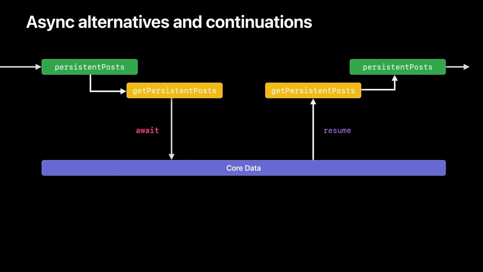This kind of cooperative execution is exactly the way async functions in Swift work. To make this explicit, Swift provides a feature so that you can create, manage, and resume continuations in a high-level and safe way. Let's return to our example to see how continuations can help us finish writing our async alternative.